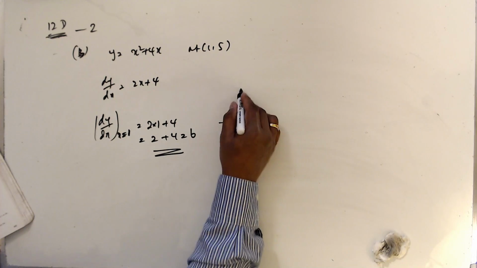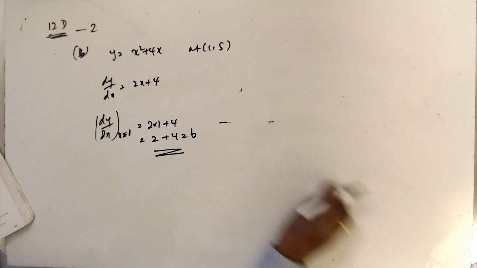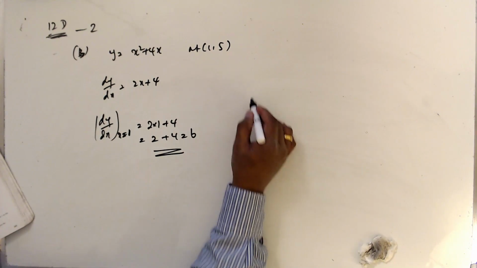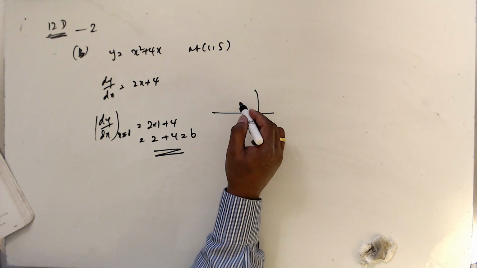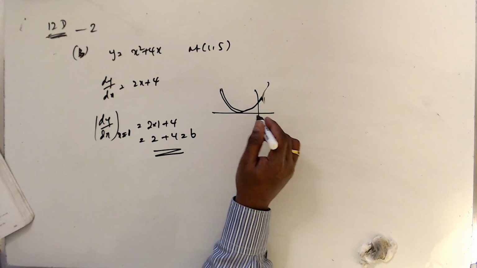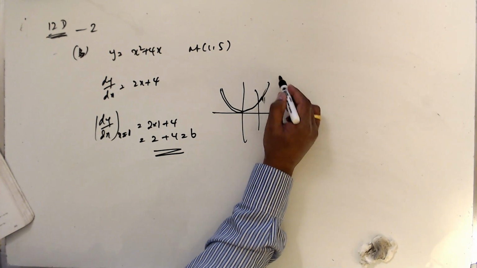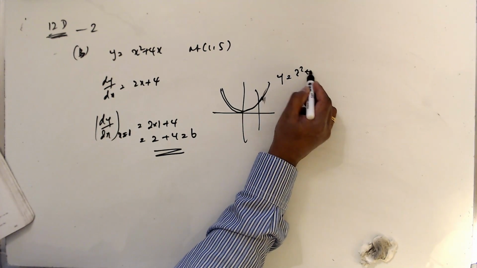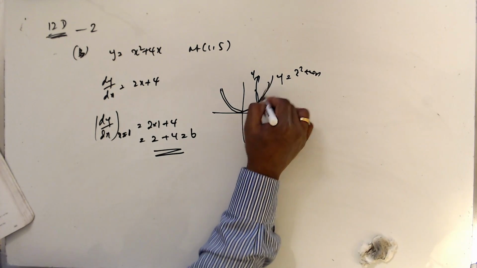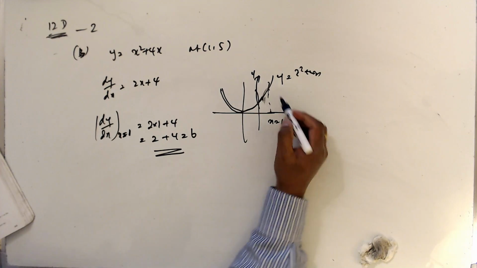So when you have the curve, say like this, this curve is y equals x squared plus 4x. This is the y-axis, this is the x-axis. You want to find the gradient at x equals 1.